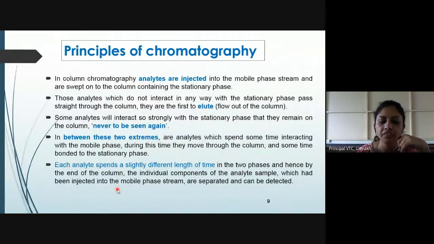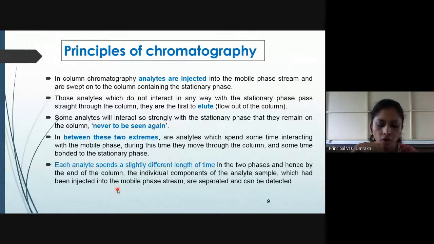Now, if we want to describe the proper principle of chromatography, generally when we write the principle we consider column chromatography. In column chromatography, analytes are injected into the mobile phase stream, and the analyte is swept onto the column containing the stationary phase.